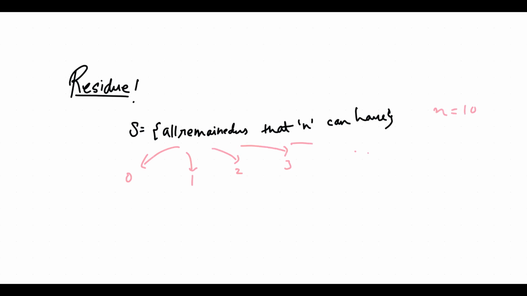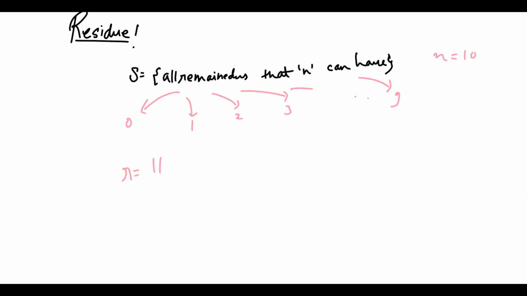Yes, because if we take remainder 11 and divide 11 by 10, it gives remainder 1. So it will repeat itself, and we cannot have any number repeating itself in a set. If r is 11, it's just 10 plus 1. Yeah, that's true.